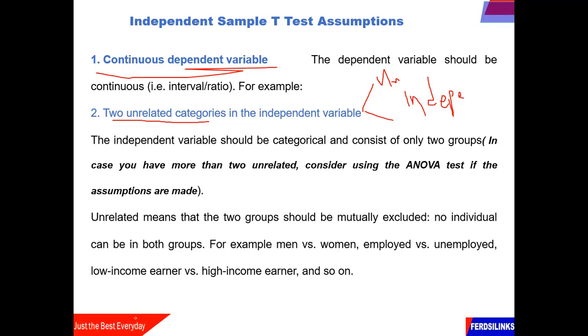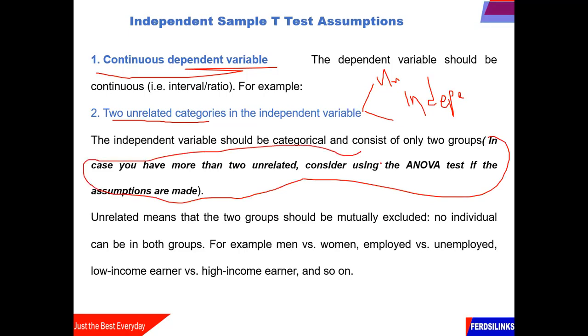I believe we know what independence means. Pardon? They're not related. It's the same thing as a member of group 1 should not be in group 2, right? In simple terms. So just to note that in case your groups are more than 2, then you may use ANOVA.